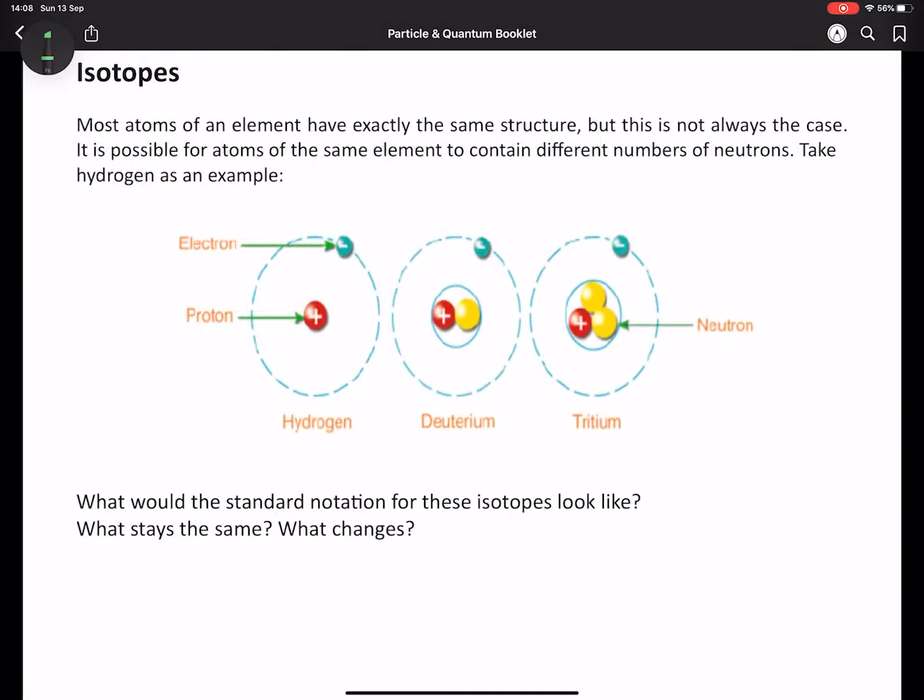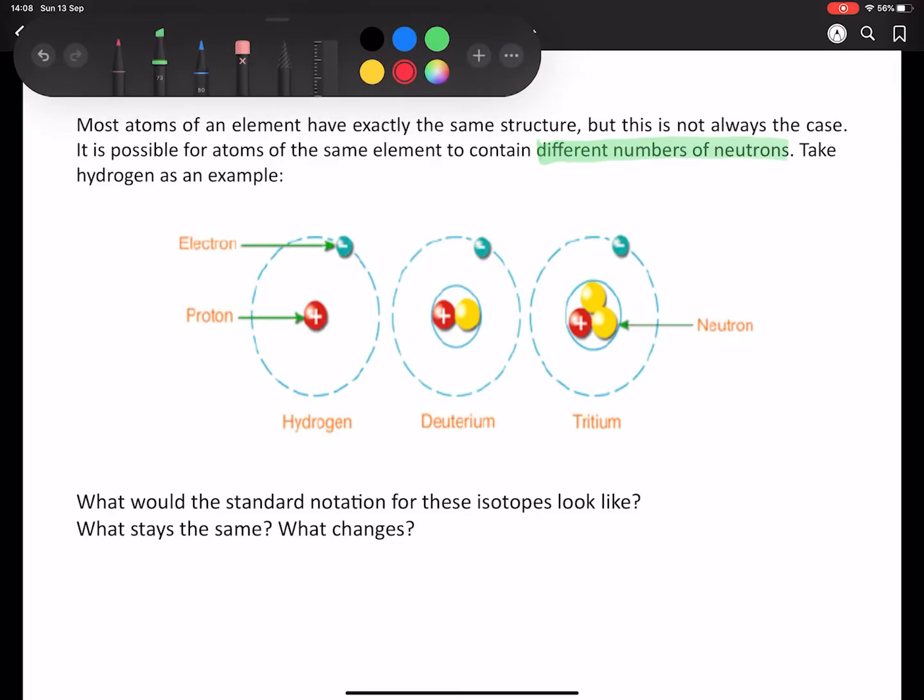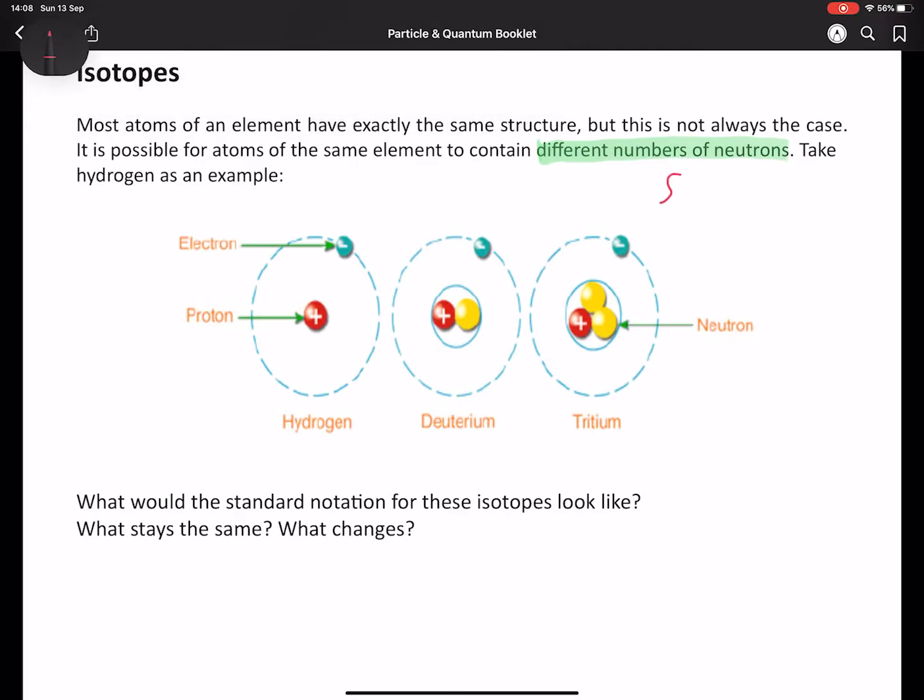Now you've covered isotopes at GCSE as well, and it still carries the same basic definition. So knowing that there's a different number of neutrons is the key feature. However, in order to guarantee that you get the marks every single time, you need to make sure you state that they have the same number of protons and a different number of neutrons.